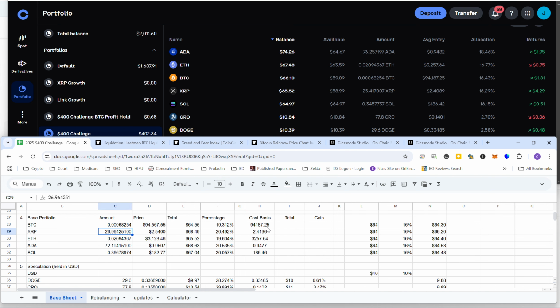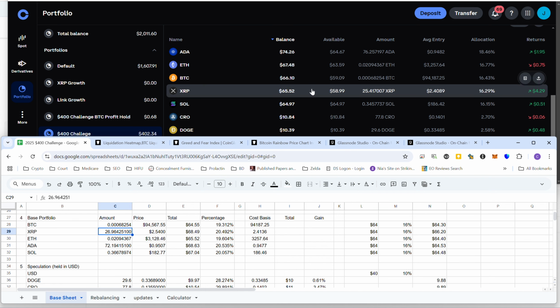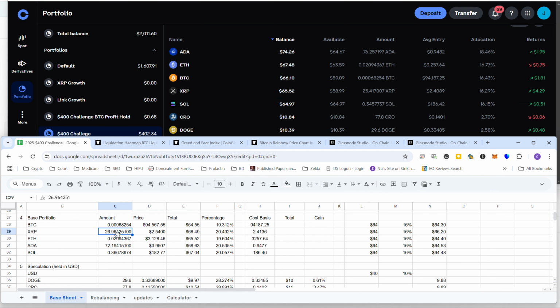Let's go ahead and do XRP. XRP, we have 25.417007, and our cost basis is 2. See, we dropped our cost basis there by a penny.